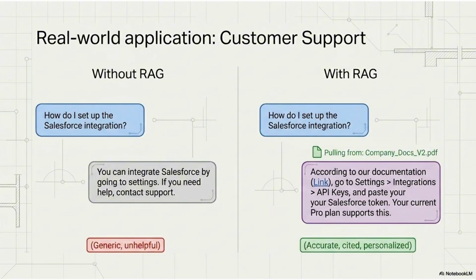On the other side, with the RAG model, when the user asks the same question, the system pulls the document from the company's database and gives the exact steps the user has to take to set up the Salesforce integration. It also gives the document that it has cited, which is accurate and personalized. So it's the same question, same AI model, but a completely different quality of answer, just because one version had access to the right facts.